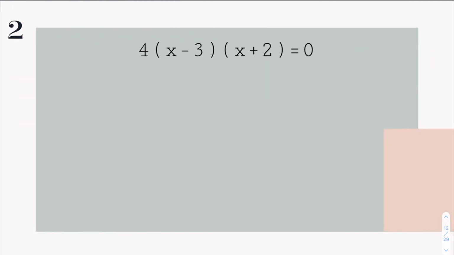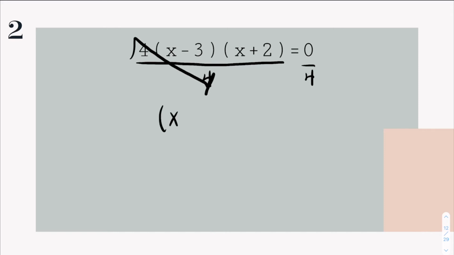All right, looking at our next example, we took our whole factored form, we set it equal to 0. Now here we see we have a number out front. Now we could think about dividing that 4 on both sides, but we know that that's just going to give us our 2 factors here set equal to 0. Because we know 0 divided by anything other than 0 results in 0.